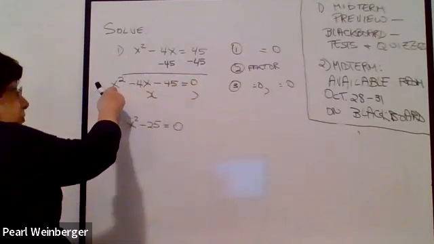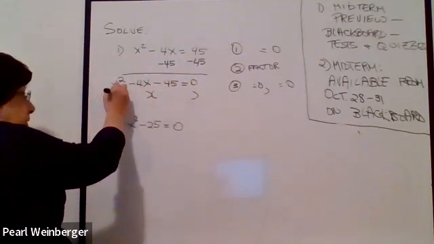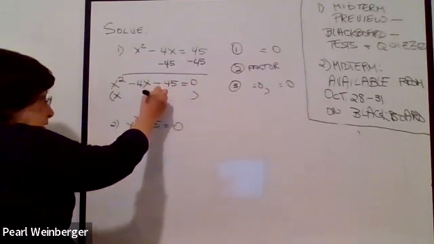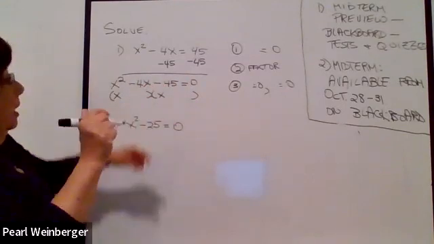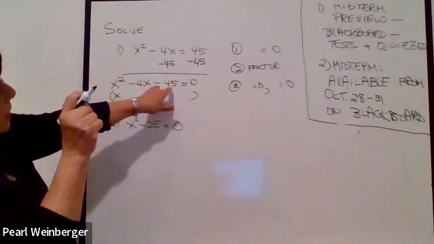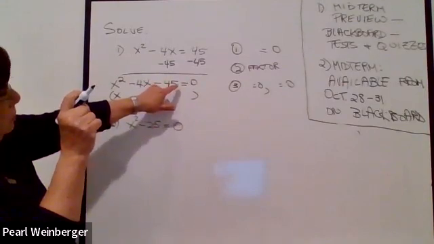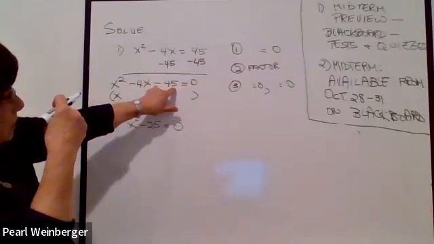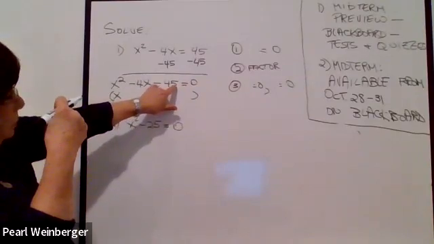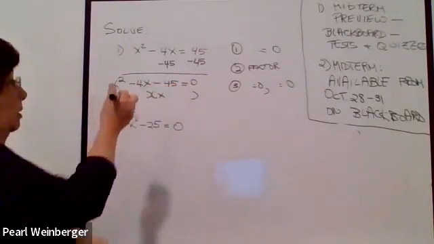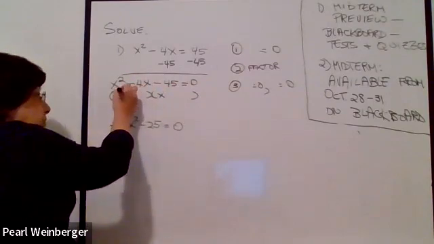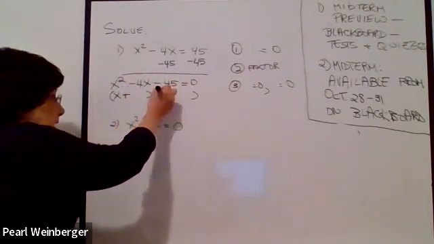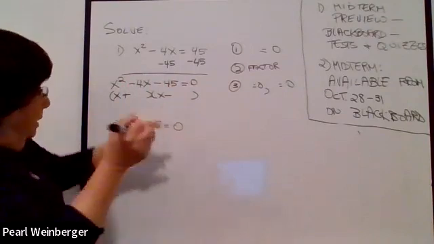We take the first term, which is x squared, and break it up obviously into x and x. And we then go to the last term, and since the last term is negative, remember we're looking for numbers that are going to multiply to this last number, negative 45. Obviously, since it's negative, one is going to have to be positive, and one is going to be negative.